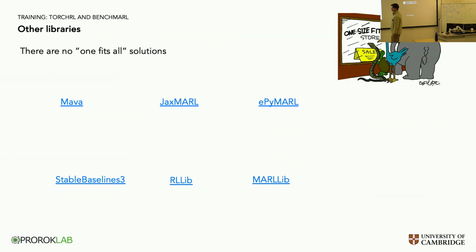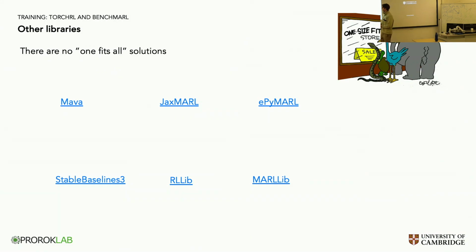When it comes to Torch, ePyMARL and MARLlib are two Torch libraries that were most used in the community. MARLlib is a multi-agent extension of RLlib. And these two are single-agent RL libraries, but they are the two more popular ones. I put them there because a lot of people customize them for multi-agent use cases.